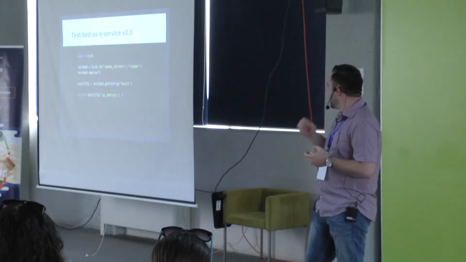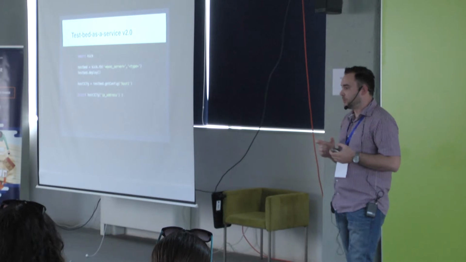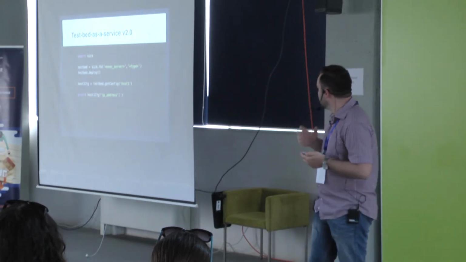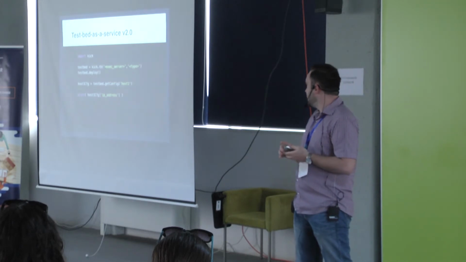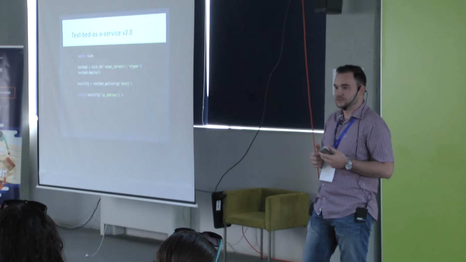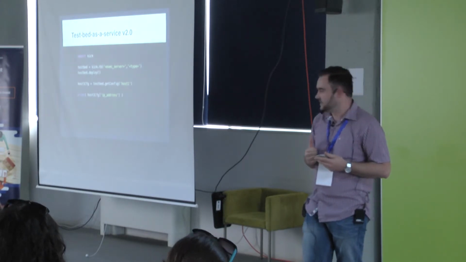So you just specify where and what type of topology. It's 3 hosts, 4 hosts, 5 hosts, whatever. Call the deploy API, and after that you get all the required data so you can do your testing against these devices.